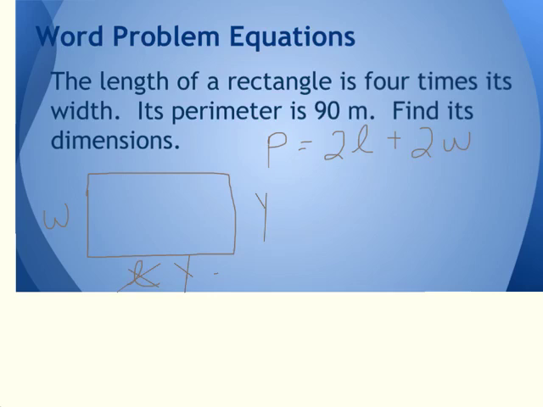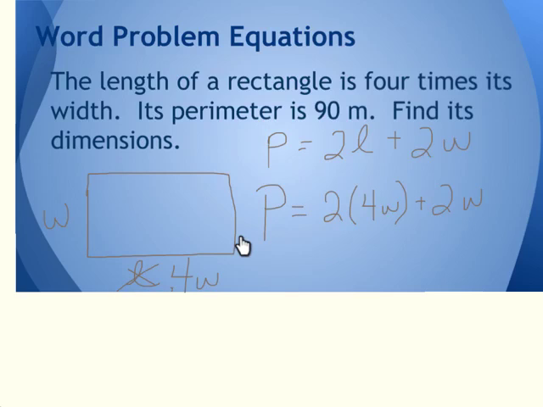So now let's change our perimeter formula. Instead of writing 2L, I'm going to write 2 times what we substituted for L, which was 4W, plus 2W.